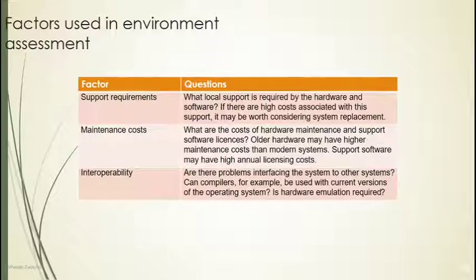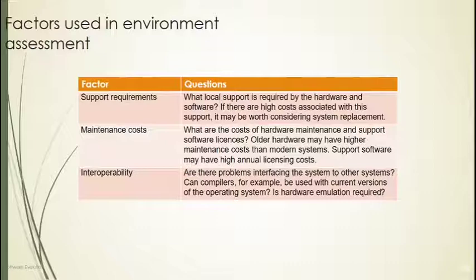Maintenance cost: what are the costs of hardware maintenance and support software licenses? You have hardware and you purchase software, then you have to purchase a supported software license. Older hardware may have higher maintenance cost than a modern system. Support software may have a high annual license cost.